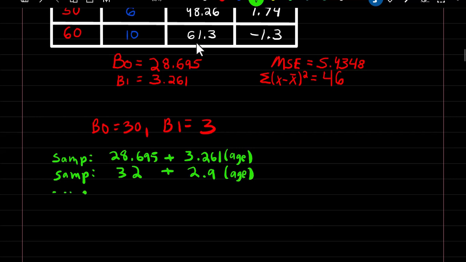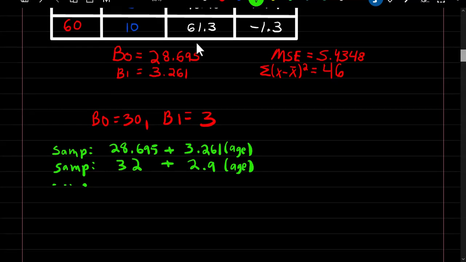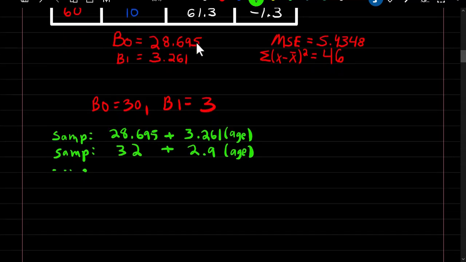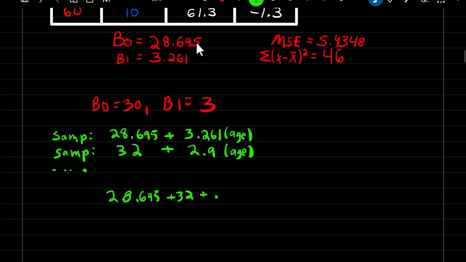And then if we keep doing this, so we keep taking samples and finding our coefficient estimates, it turns out that if we add our coefficient estimates together, so for beta 0 we do 28.695 plus our 32, and then plus all the remaining samples, and then divide by the number of samples we took, this number will approach the true population parameter of 30.